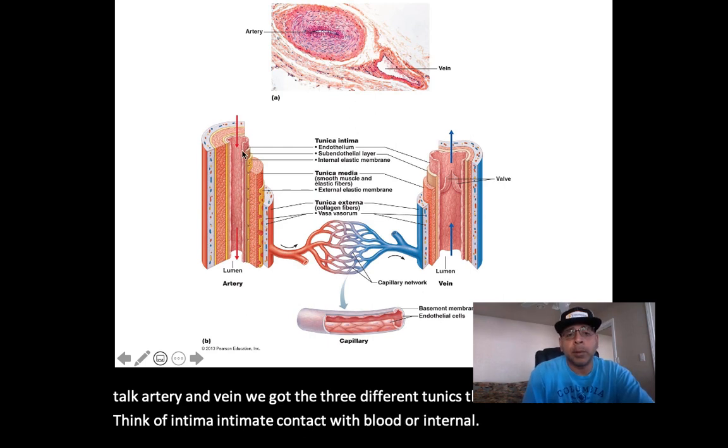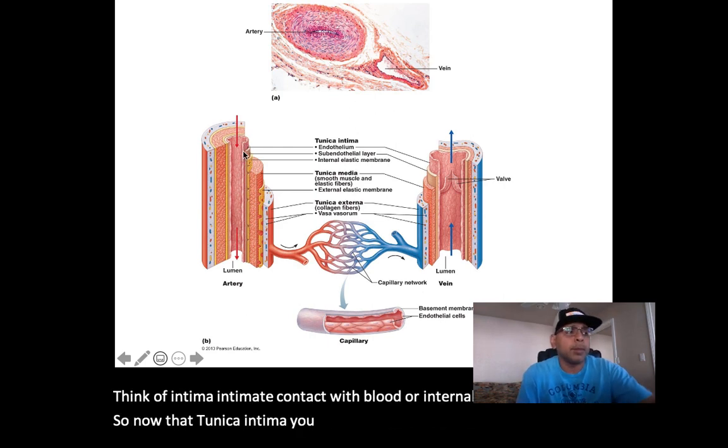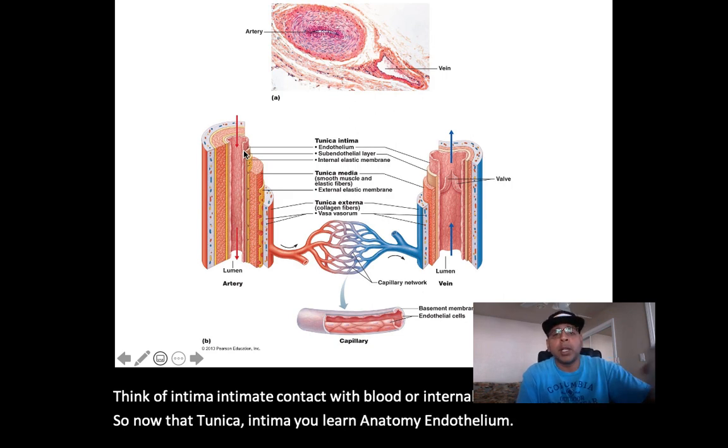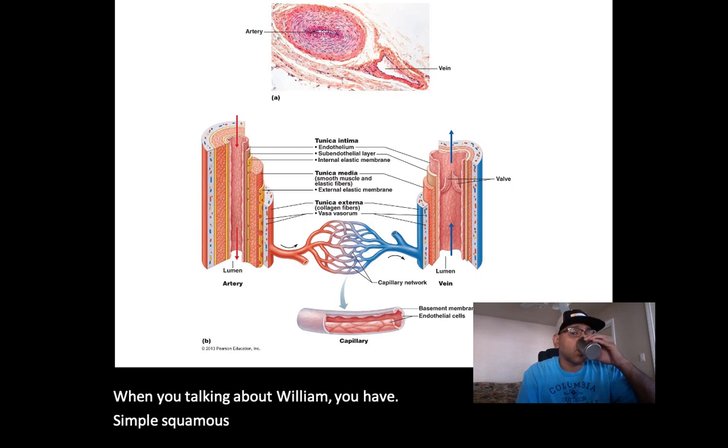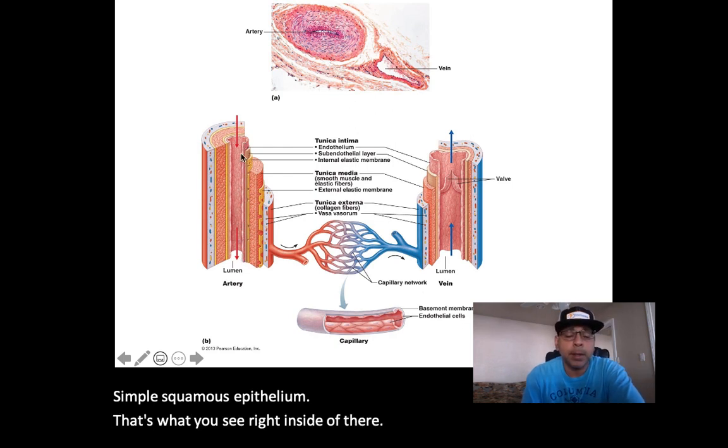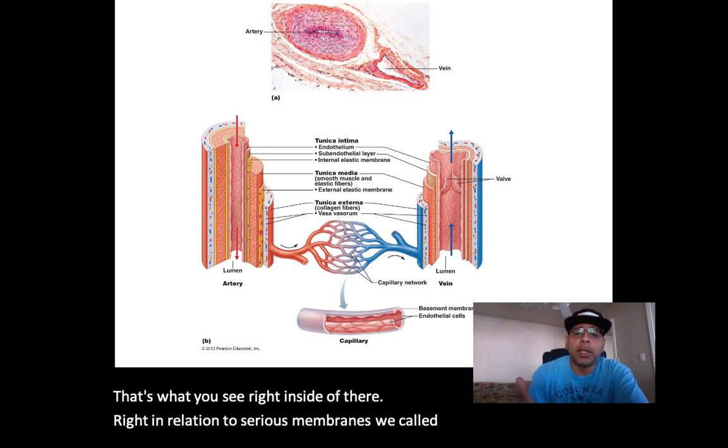So now that tunica intima, you learn in anatomy, is the endothelium. When you talk endothelium, you have simple squamous epithelium. That's what you see right inside of there. In relation to serous membranes, we called it mesothelium, simple squamous epithelia there as well.